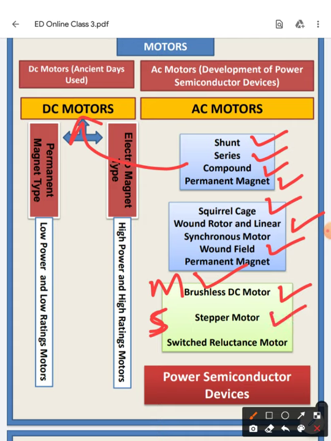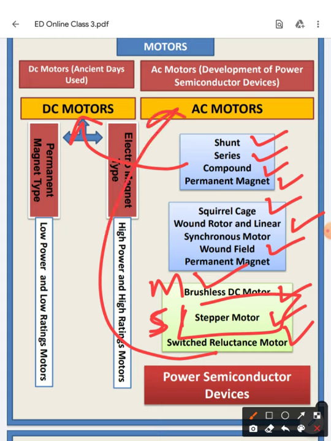Next, stepper motor is also there, and it is used for position control. The next one is switched reluctance motors. These come under AC motors. Only the brushless DC motor comes under the DC part.